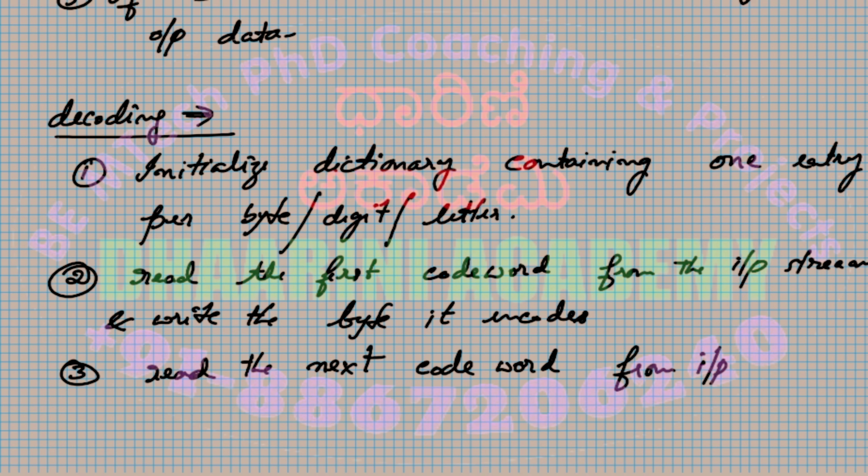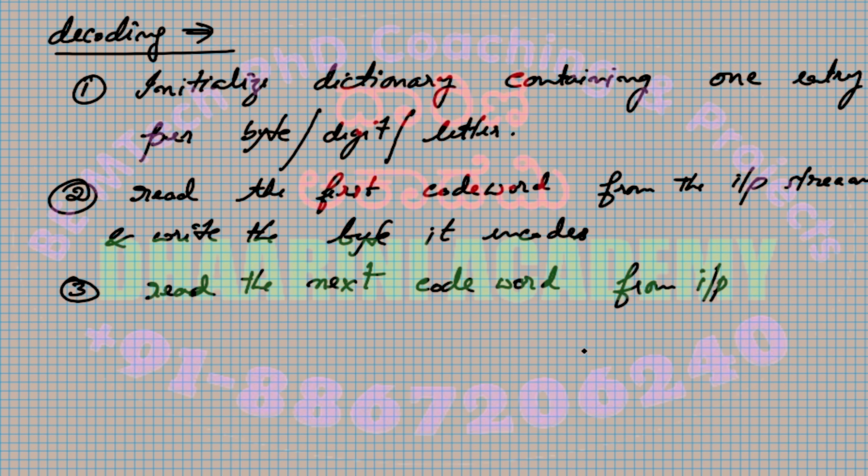Then step number 4: write out the string encoded in this code word. I just have to concatenate.